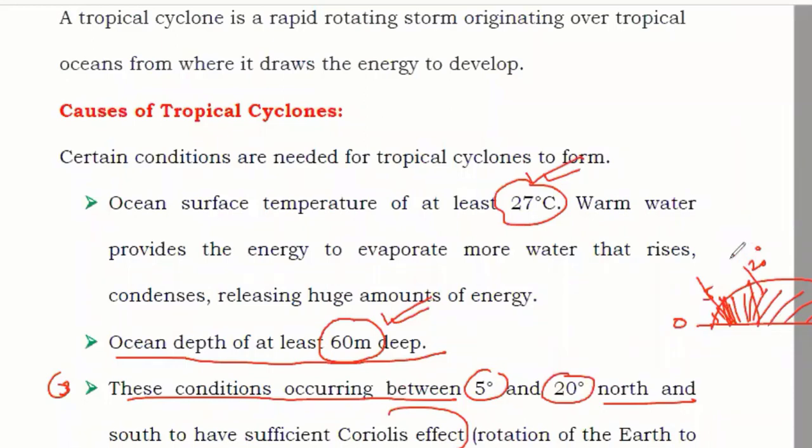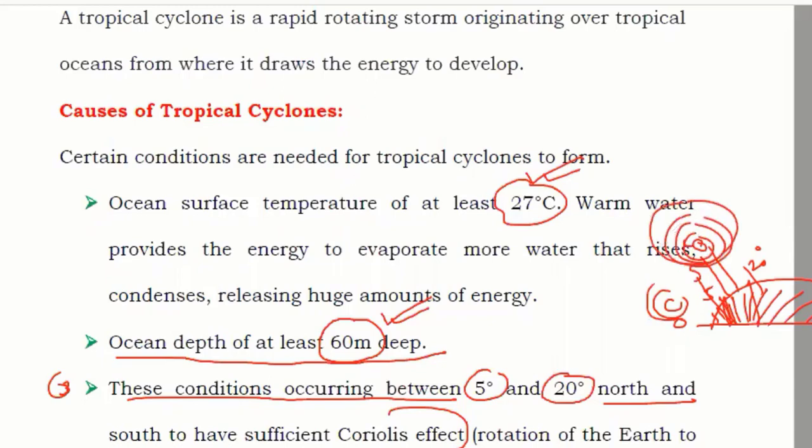So there is a special area where it can form. Why? Because if it forms elsewhere, it cannot spin the air. If it is between 5 and 20, then it can spin the air.